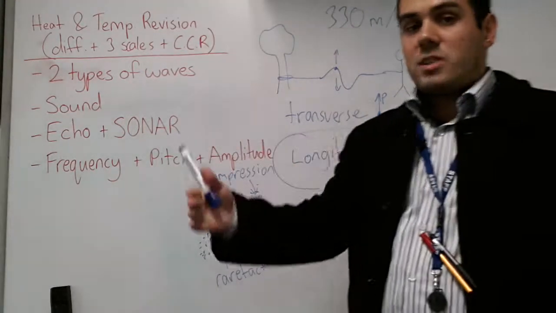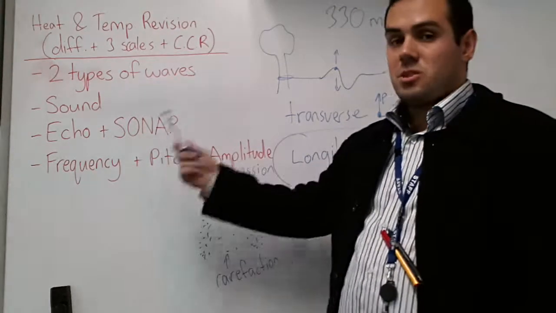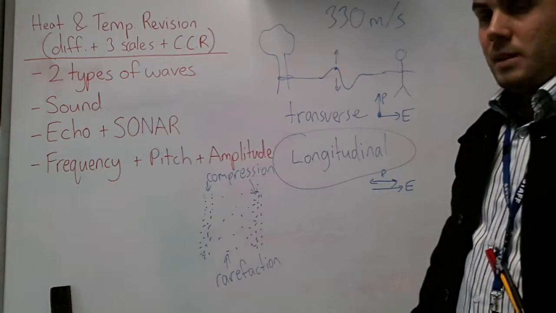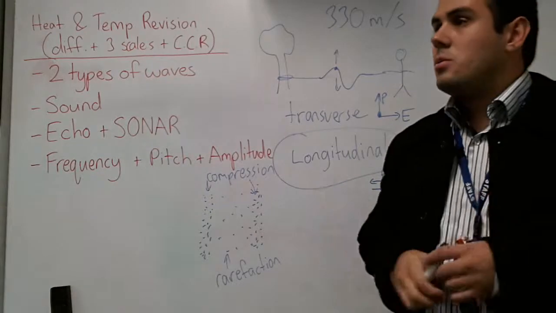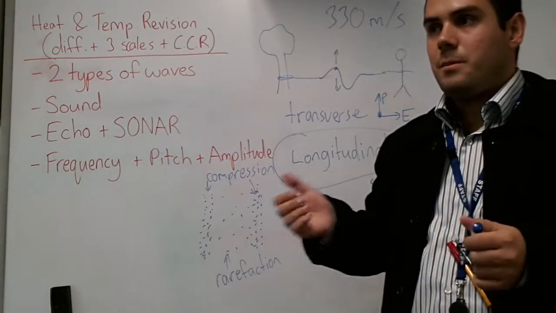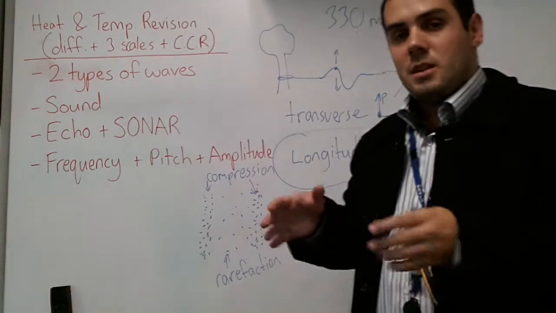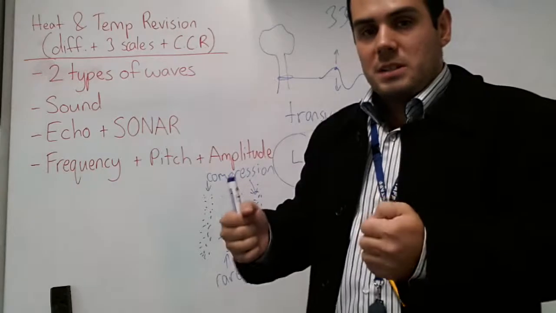Because sound reflects off surfaces, we can use this in technologies such as sonar, which is short for sound, navigation and range. What sonar does is, for example, say you're in a ship and you want to maneuver around shallow areas so your ship doesn't get stuck.